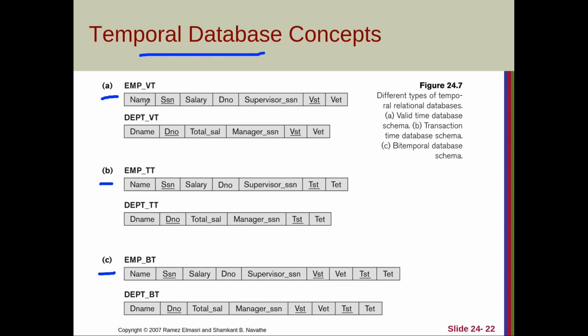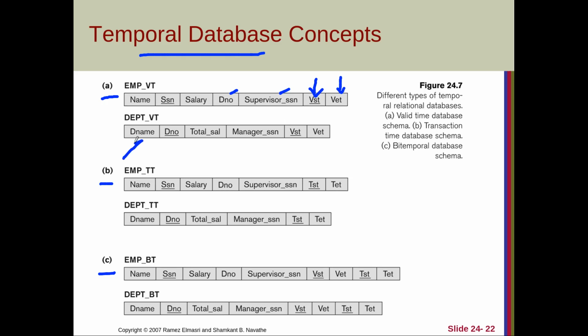Now the employee table is given a different name, that is EMPLOYEE_VT. It consists of name, SSN which is the primary key, salary, department number, supervisor SSN. Then we are adding two more attributes. One is valid start time and second one is valid end time. So for every relation we are adding the valid start time and valid end time.